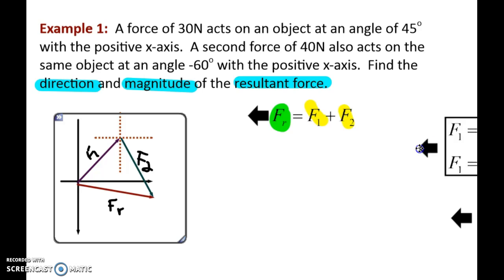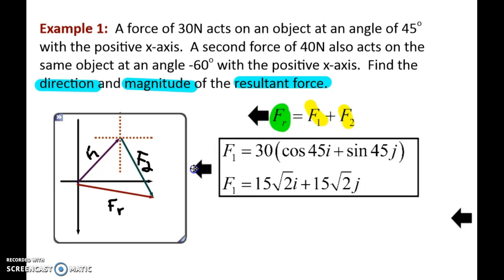Hopefully what you said to that question was that you need to create the vectors using trigonometry. So here's the first vector. You can see that we put 30 out front for the force, 45 degrees cosine in the i direction, and 45 degrees sine in the j direction to create that first vector. Then I went ahead and simplified it with my 45-45-90 triangle information that I know, and created 15 root 2 i plus 15 root 2 j.